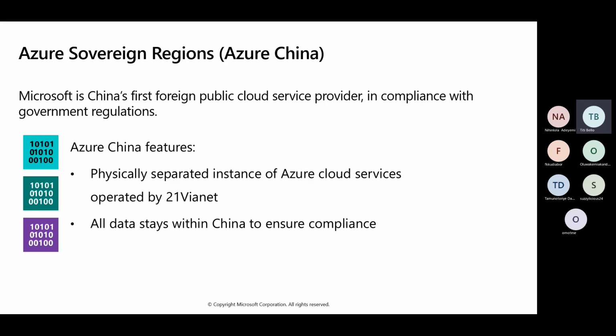No other country can spin up services in the China region; it can only be used by China. It means US regulations cannot be applied to the China region or to China resources being used by China. Likewise, China's rules and regulations cannot be applied to the US government.